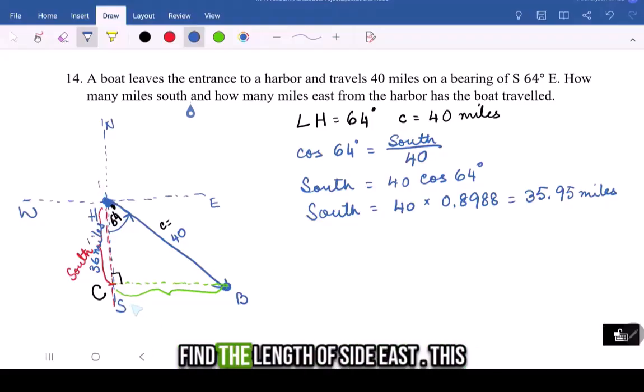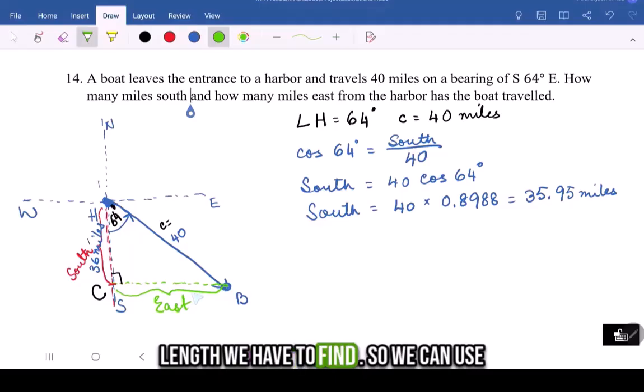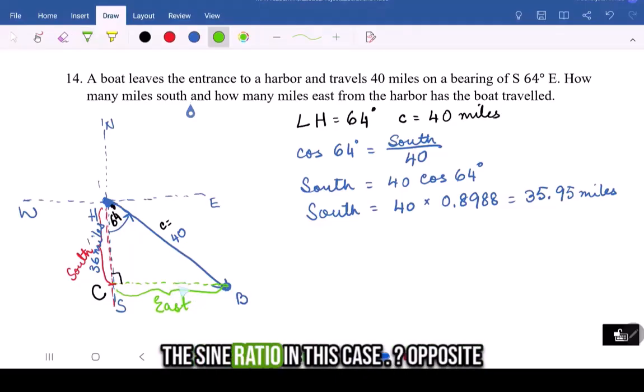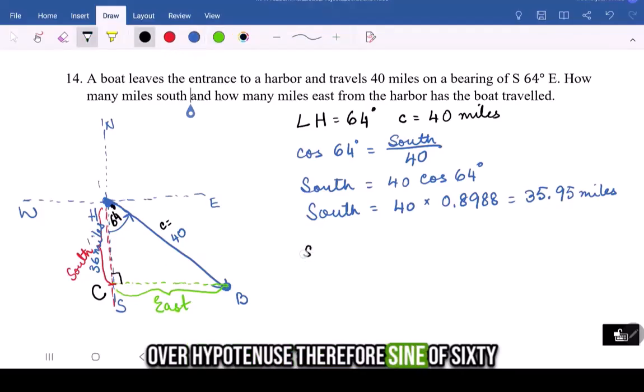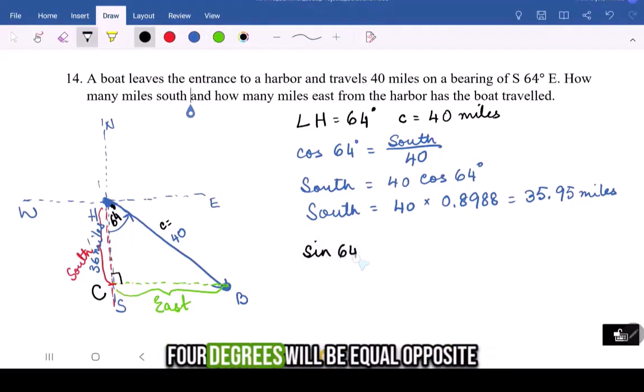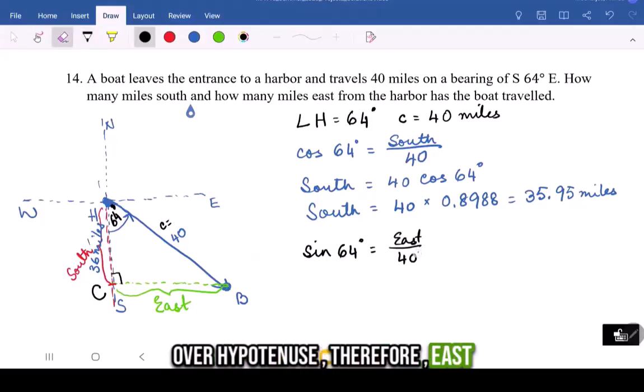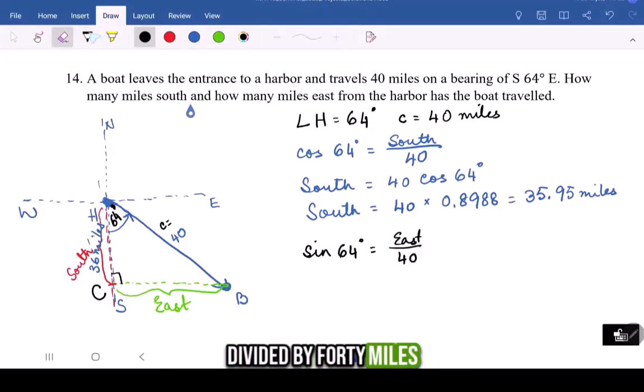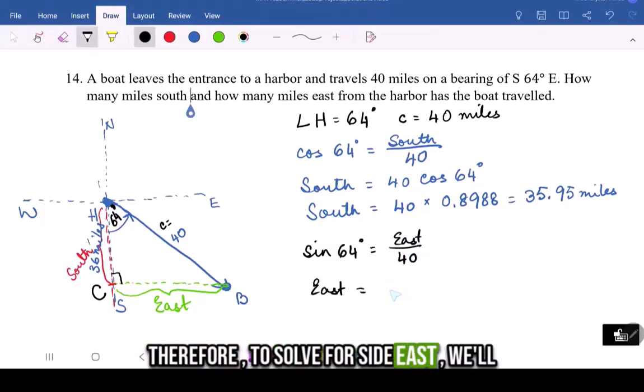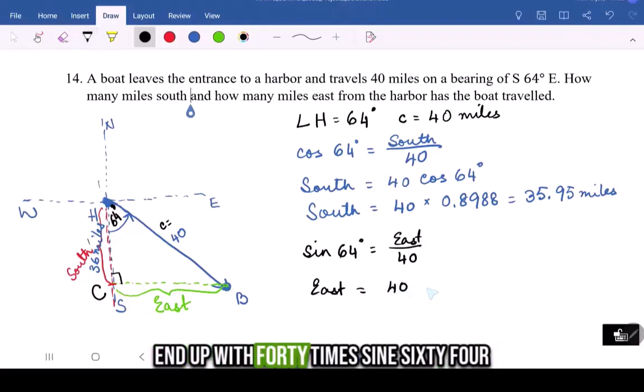Now we have to find the length of side east. This length we have to find. So we can use the sine ratio in this case, opposite over hypotenuse. Therefore, sine of 64 degrees will be equal to opposite over hypotenuse. Therefore, east divided by 40 miles. Therefore, to solve for side east, we'll end up with 40 times sine 64 degrees.